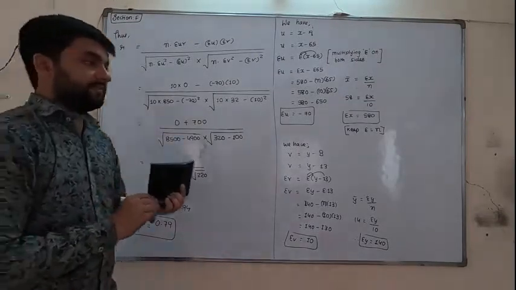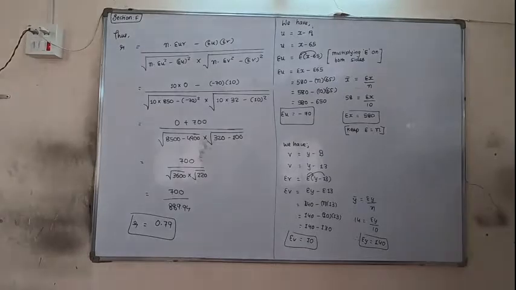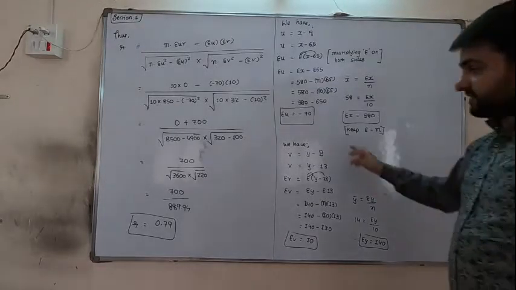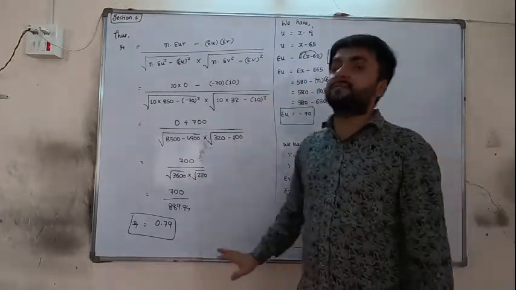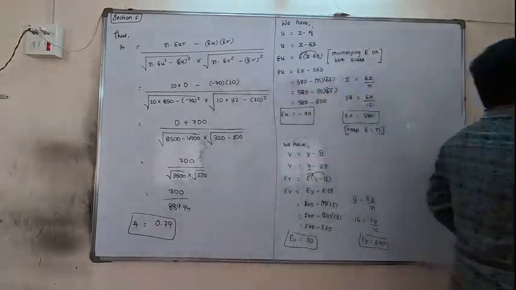Okay, friends, so this is the answer. The thing was only sigma u and sigma v are important. All other things are ready. Put the formula, solve the sum.